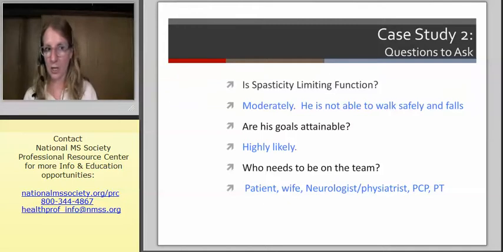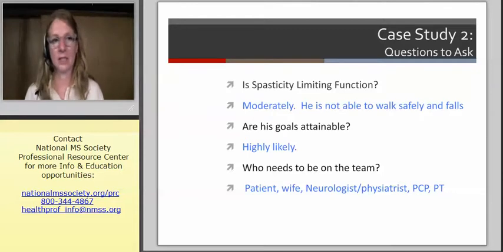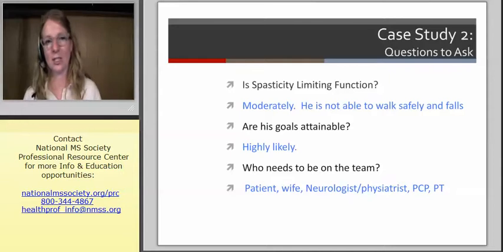He didn't want to look at Botox injections. He just wanted to try some oral medications. He has had okay success with them. They do make him drowsy, so he can't take them if he's going to drive. So that's kind of his little issue there: if he's just going to be walking around at home, he's awake enough, but if he needs to drive, then he can't take them.